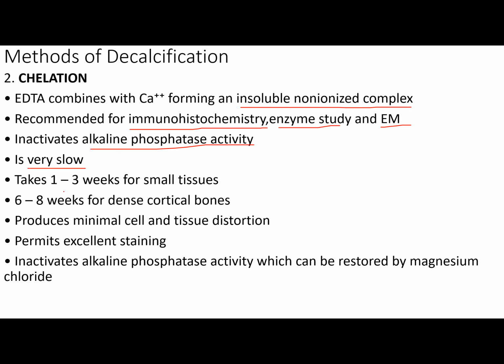Is very slow, class, takes 1 to 3 weeks for small tissue, 6 to 8 weeks for dense cortical bones. Produces minimal cell and tissue distortion, permits excellent staining, and inactivates alkaline phosphatase activity, which can be restored by magnesium chloride.